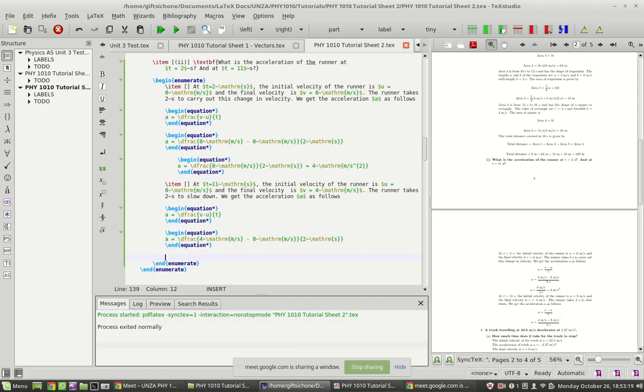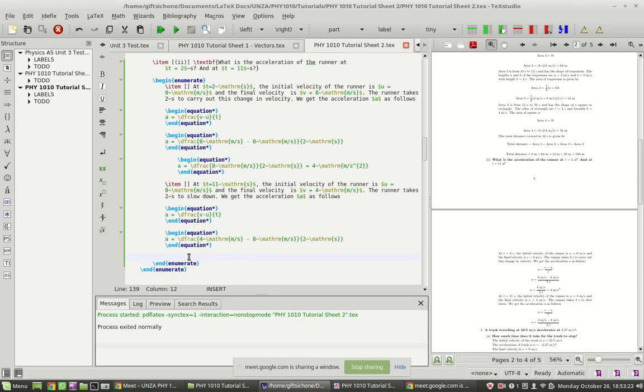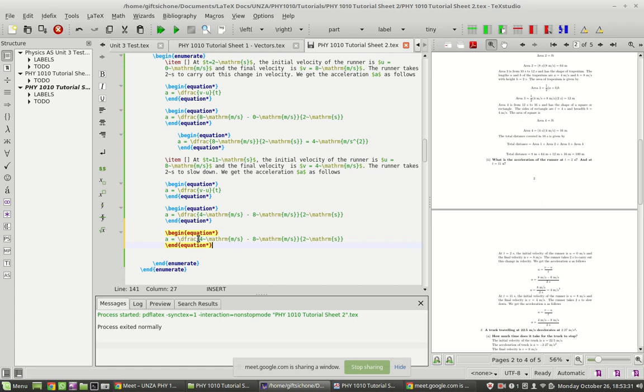On the top part, 4 minus 8 is how much? Negative 4. So we get negative 4 meters per second.